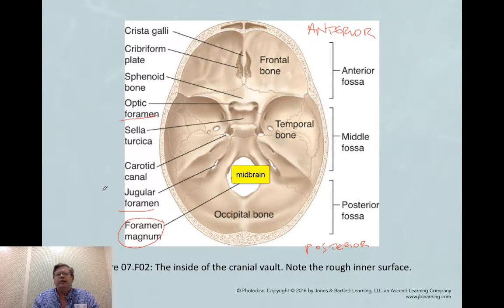So the jugular is an artery that comes from the neck. There's one on the left, there's one on the right. The jugular artery provides blood supply directly to each side of the brain via this opening, so that the artery would slip through this opening.